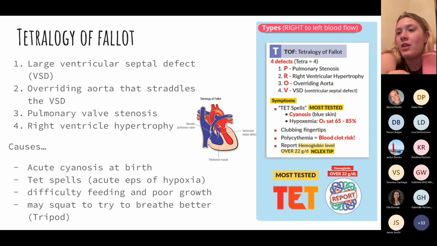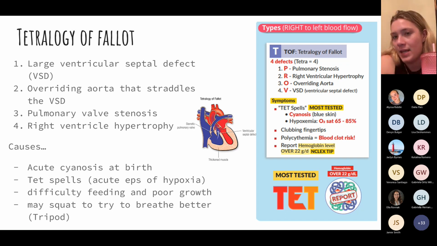Our Tetralogy of Fallot, think tetra, think 4 things are going on. They have a large ventricular septal defect, overriding aorta, pulmonary valve stenosis, and right ventricle hypertrophy. Some things that can occur with these patients, and by causes, I mean Tetralogy of Fallot will cause acute cyanosis at birth.